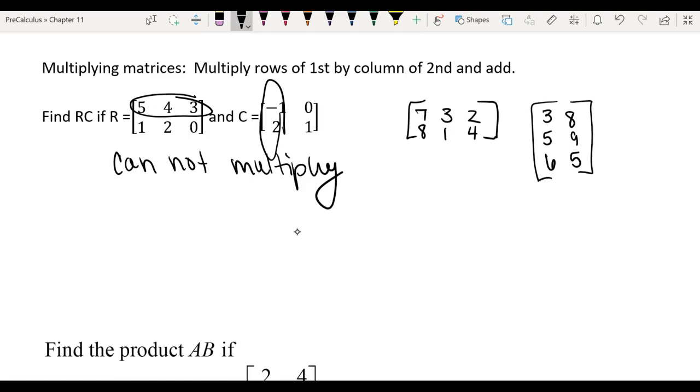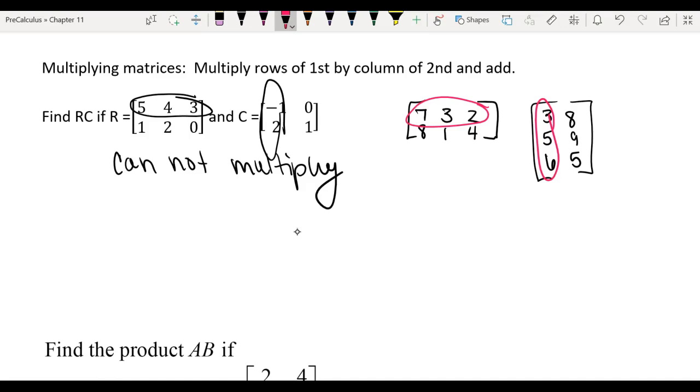Now, when we solve this, the size of your new one is going to be the other numbers. So, for example, this way is 3 by 3, right? What is the size the other way? It is 2 by 2.